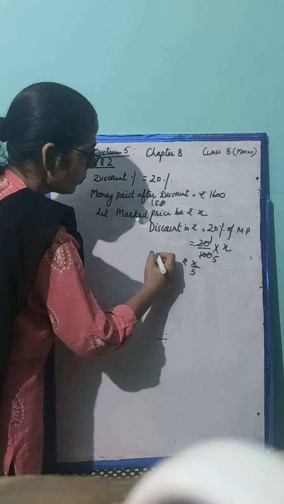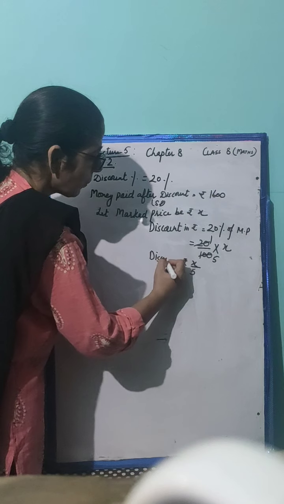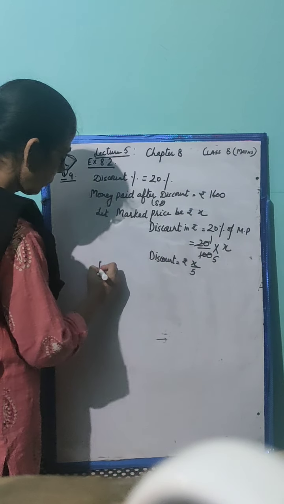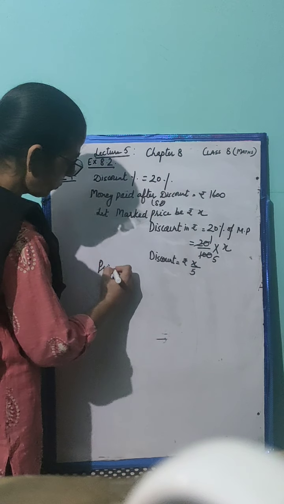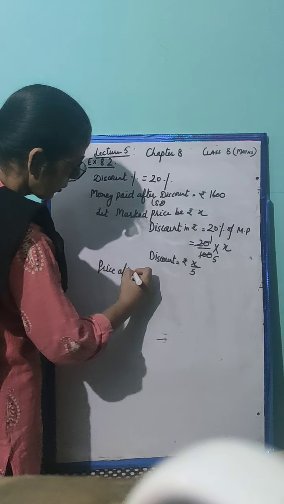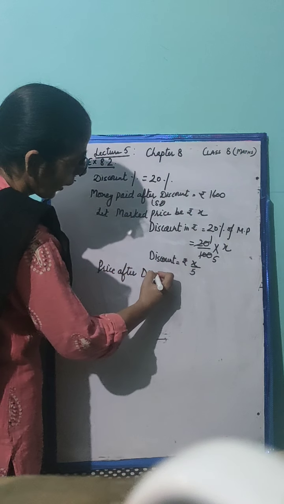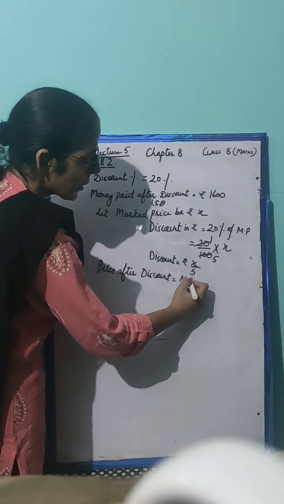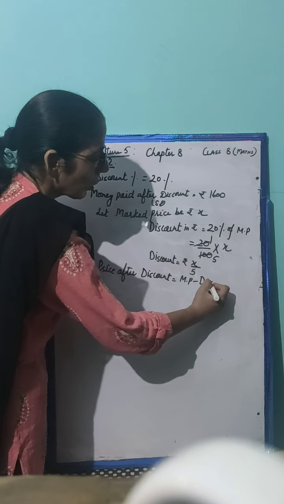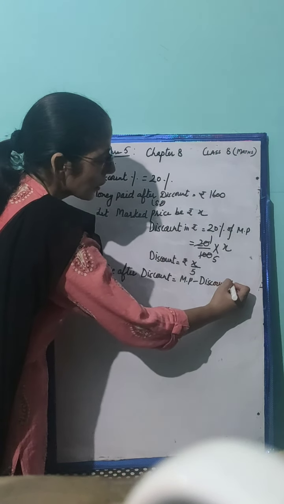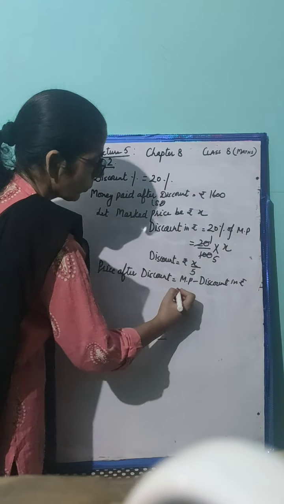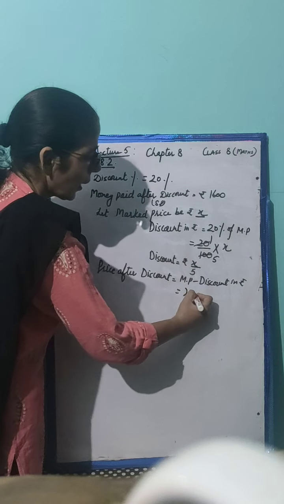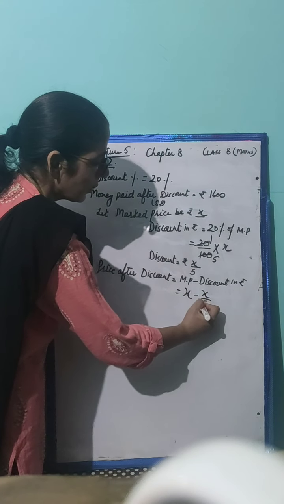This is the discount. So what will be the selling price? The discounted price, the price after discount, will be the marked price minus the discount in rupees. The marked price was X minus X by 5.